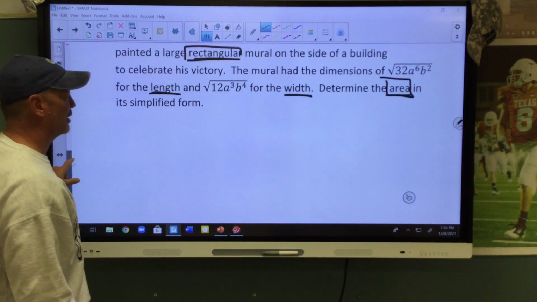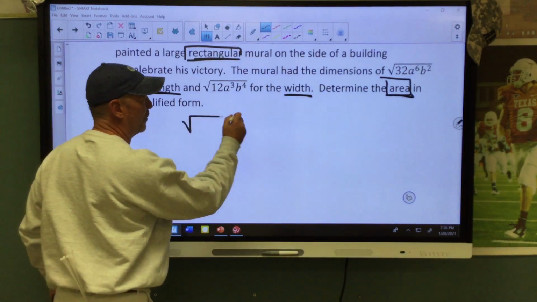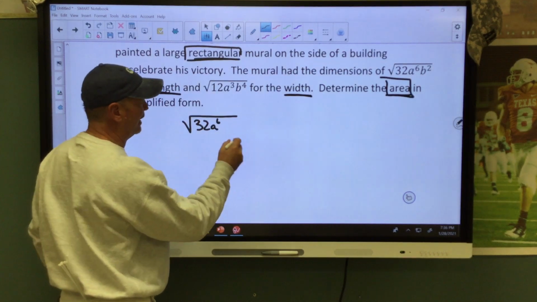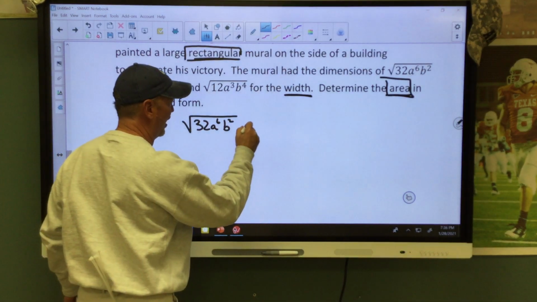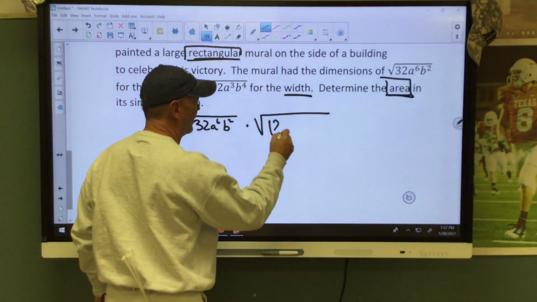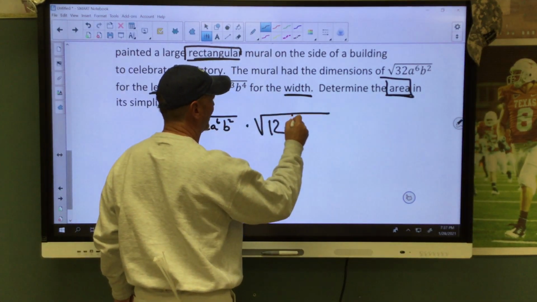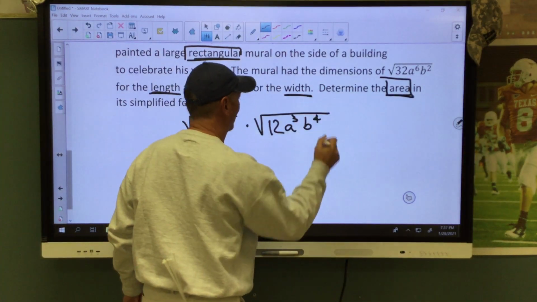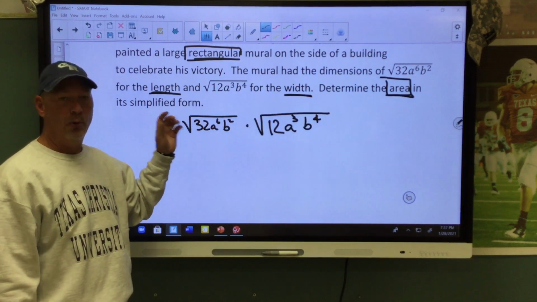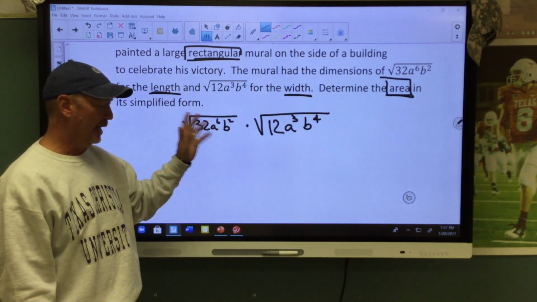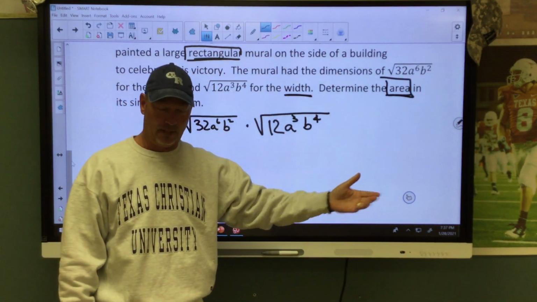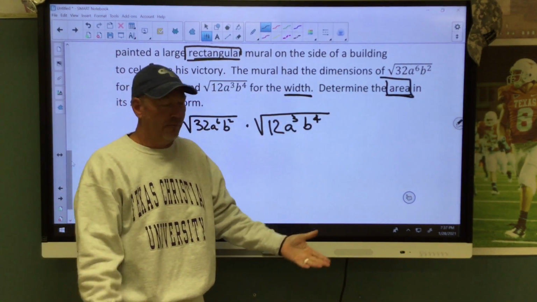So we're going to say the square root of 32 a to the 6th b squared times the square root of 12 a to the 3rd b to the 4th. When you multiply the radicals, I like to say inside times inside will stay inside. And then we reduce or simplify.